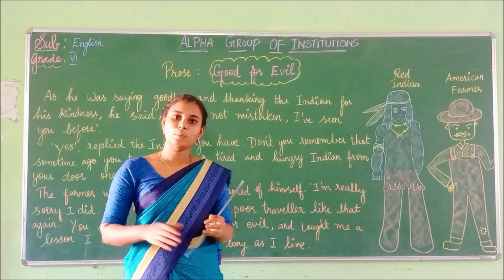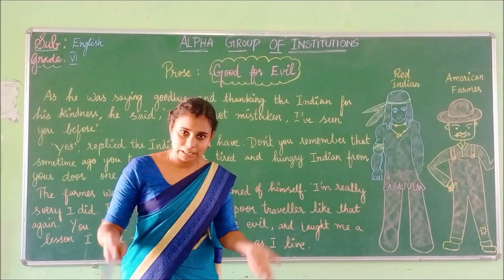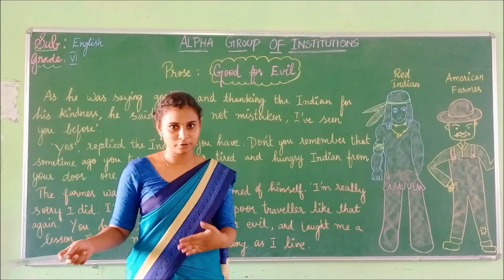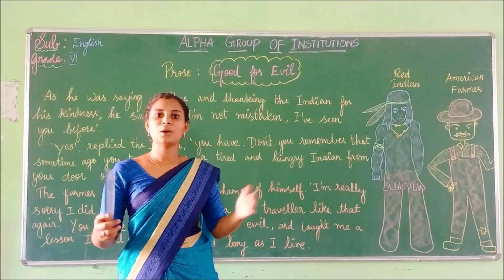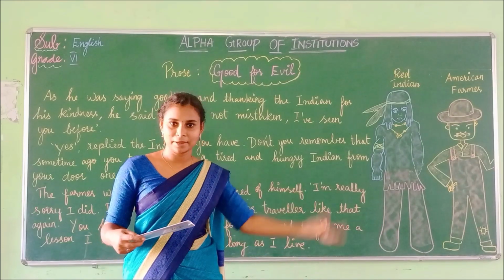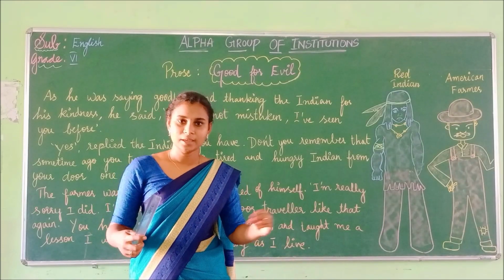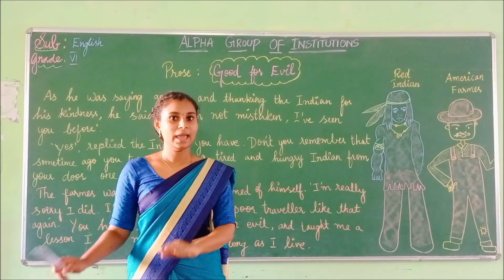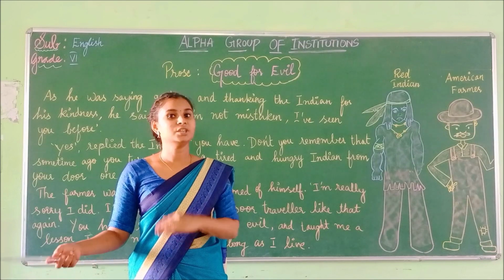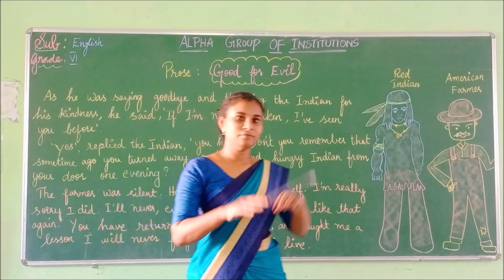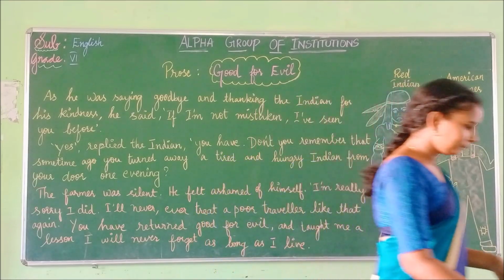But in return, when the American farmer was in need, when he was lost in the forest and wanted food, the Red Indian was so loving and compassionate towards him, so he helped. He gave him food and asked him to stay in his hut. And in the morning, he showed him the way to his farmhouse, right? So here we have a recap once again.